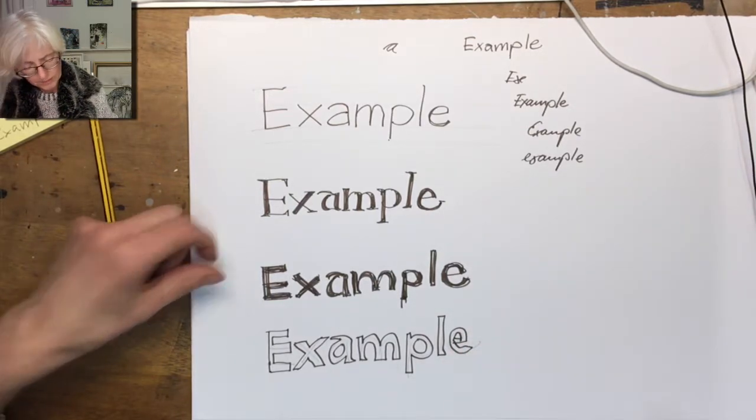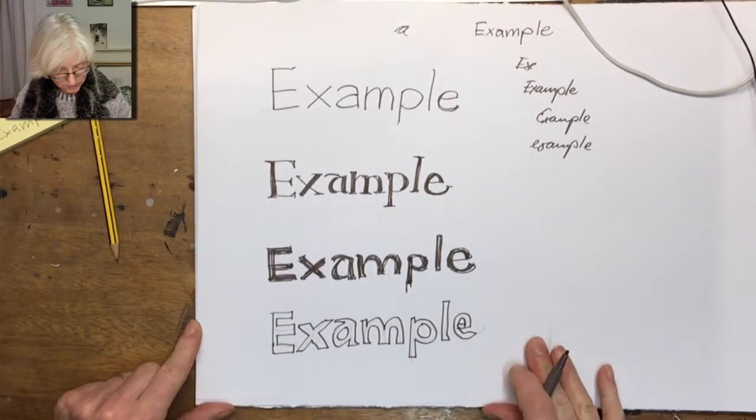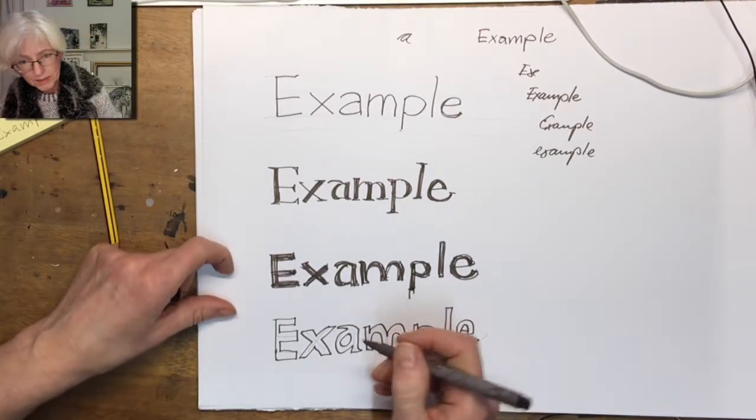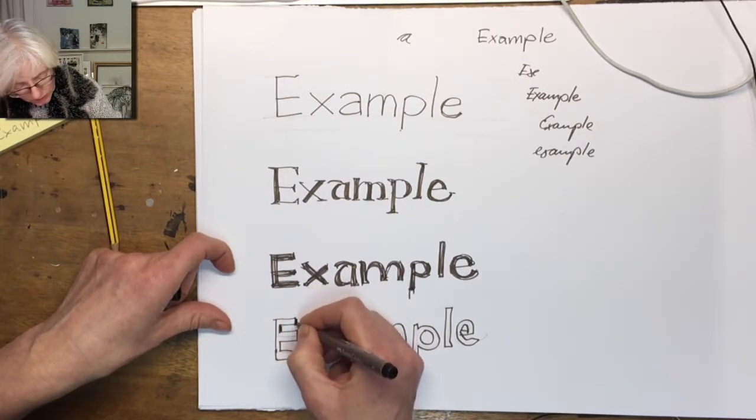Like this. You can also, and the tab, it's not really horizontal. You can put a little shadow here for an extra effect.